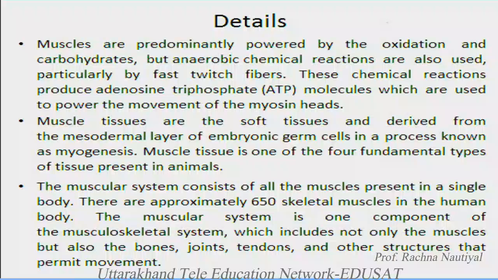Next, a little more detailed information about the muscles. Muscles are predominantly powered by the oxidation of carbohydrates, but anaerobic chemical reactions are also used, particularly by fast twitch fibers, which are the fast moving muscles in our body.